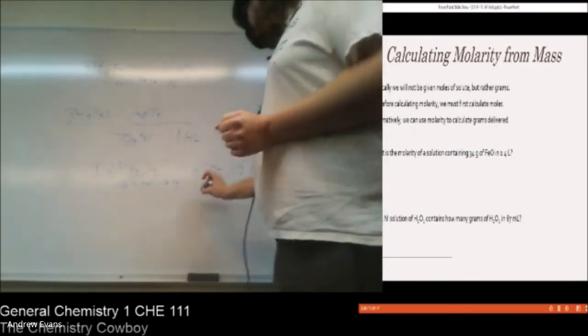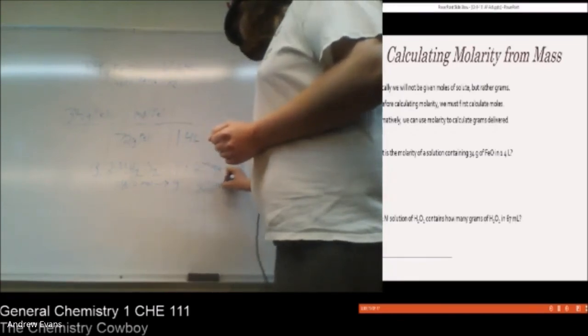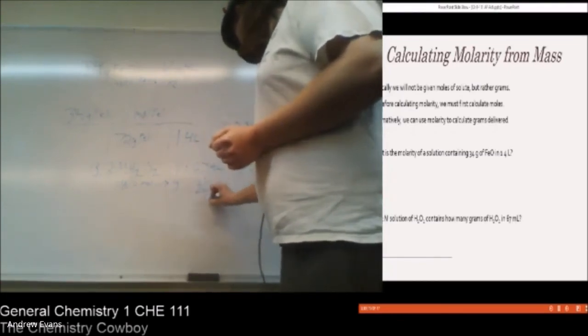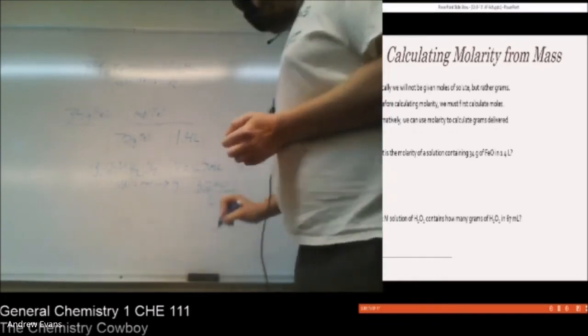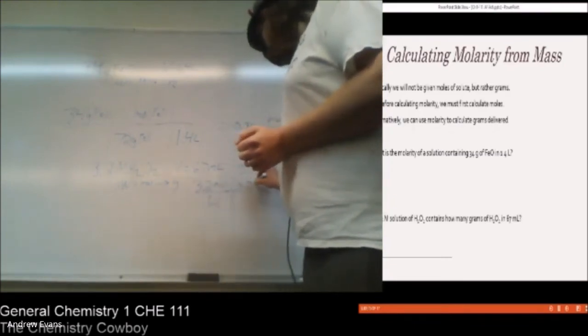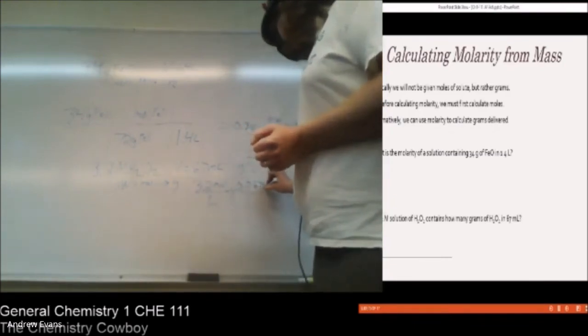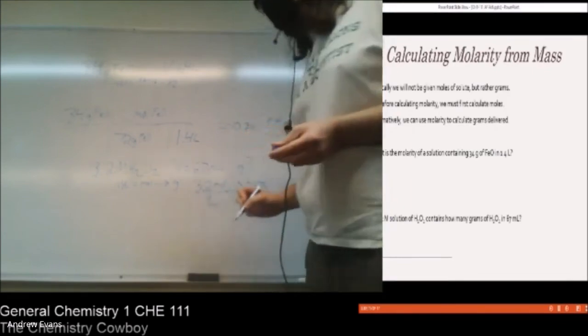So 3.2 moles per liter times, what's our volume in liters? 0.067 liters. Cancels out and gives us moles.